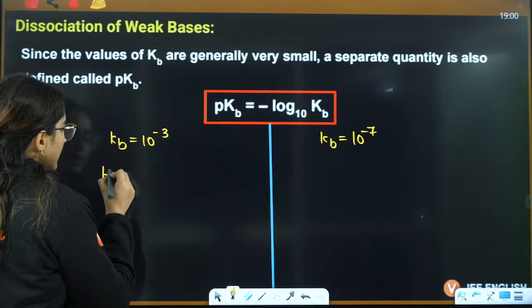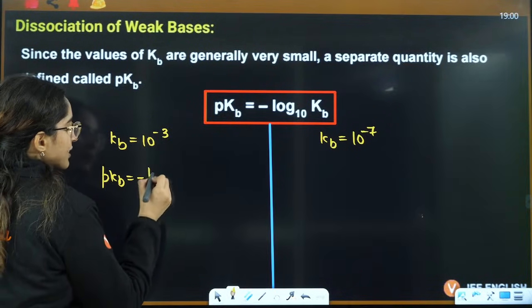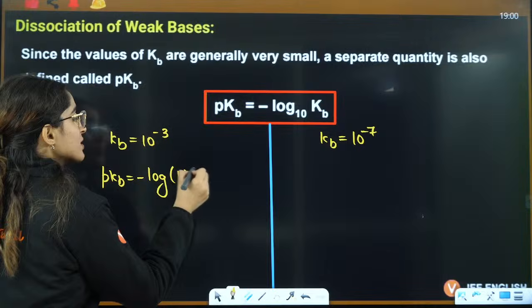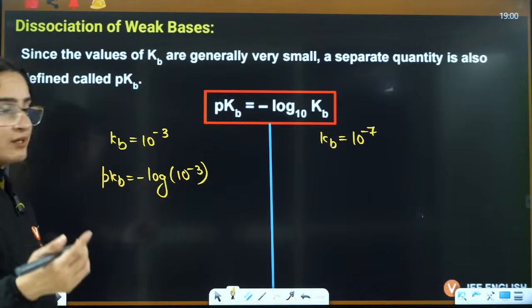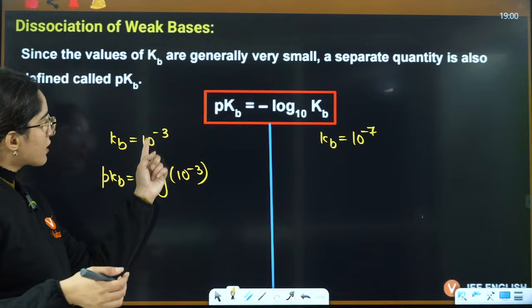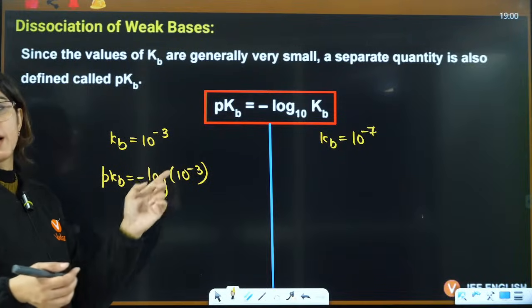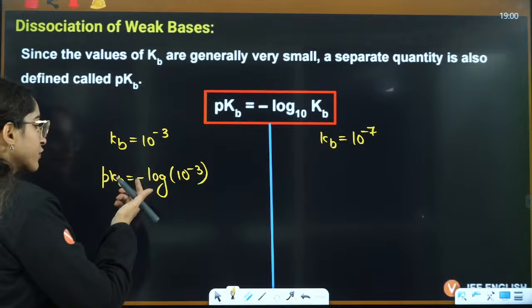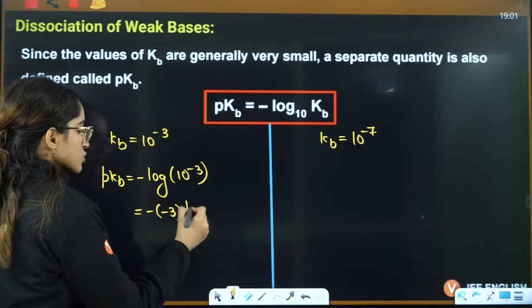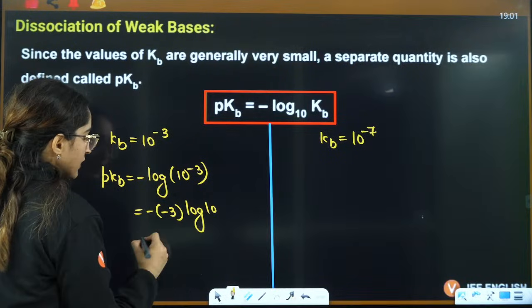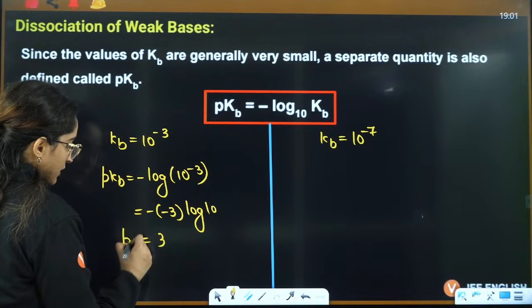Here pKb is equal to minus log of Kb, so for Kb equal to 10 raised to power minus 3, 3 will become the pKb value. But still, if you want to solve it, this is minus of minus 3, and log of base 10 of 10 is 1, so it will become 3, right?